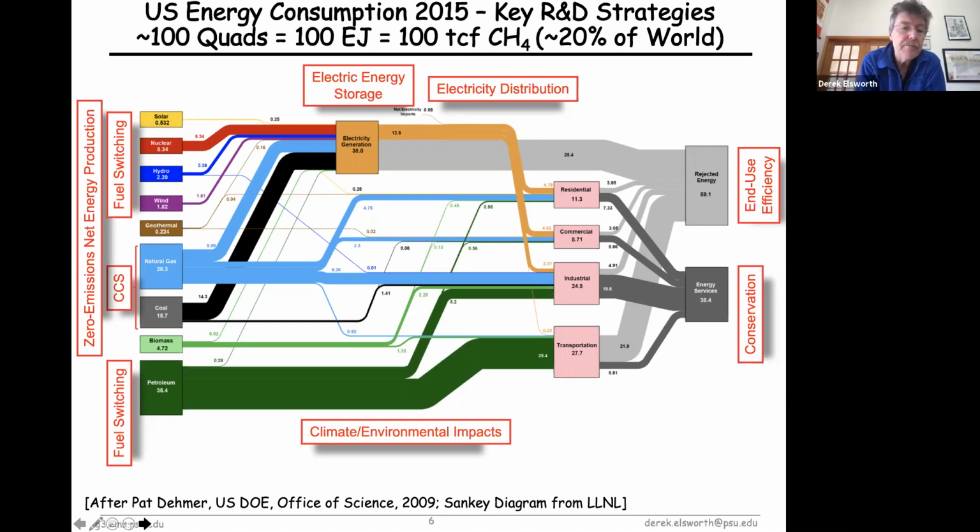But regardless of that, the numbers on the left-hand side should total to about 100 quads. And then you see about 70 quads of those are fossil fuels, and a much smaller part are the renewables, with geothermal at the top of the list being 0.224 of a quad. So I guess that would be 0.224% of the energy usage in the US.